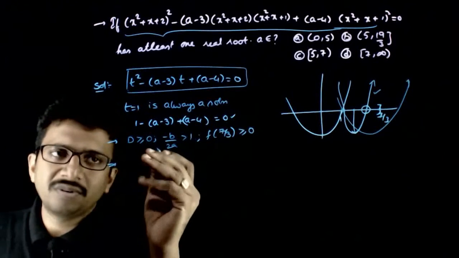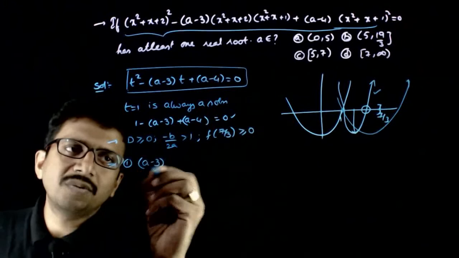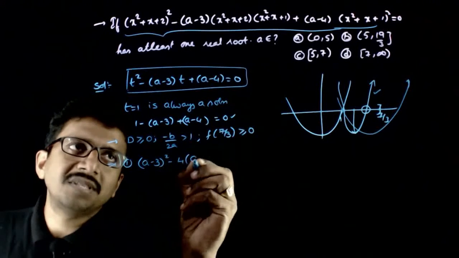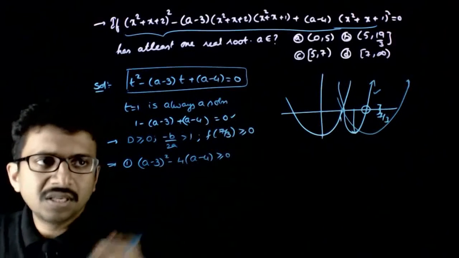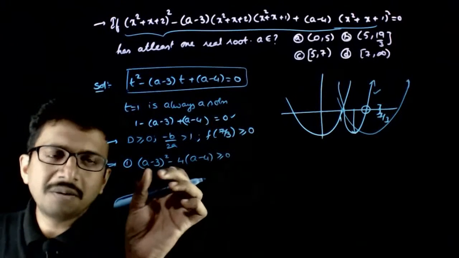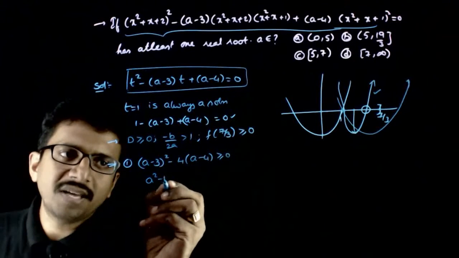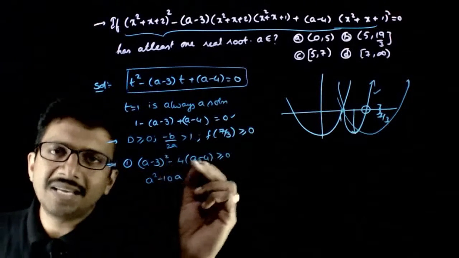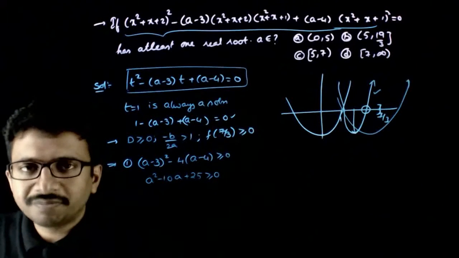To solve the first condition, discriminant is greater than or equal to 0: (a minus 3) whole square minus 4 times (a minus 4) is greater than or equal to 0. If you solve this, you get a square minus 6a plus 9 minus 4a plus 16, that is a square minus 10a plus 25, greater than or equal to 0.